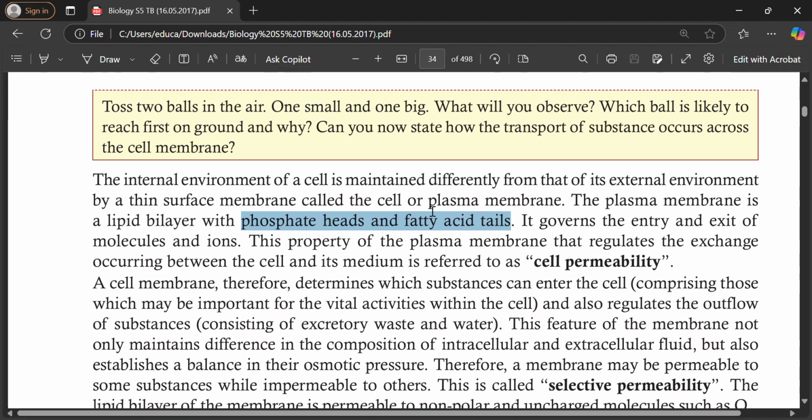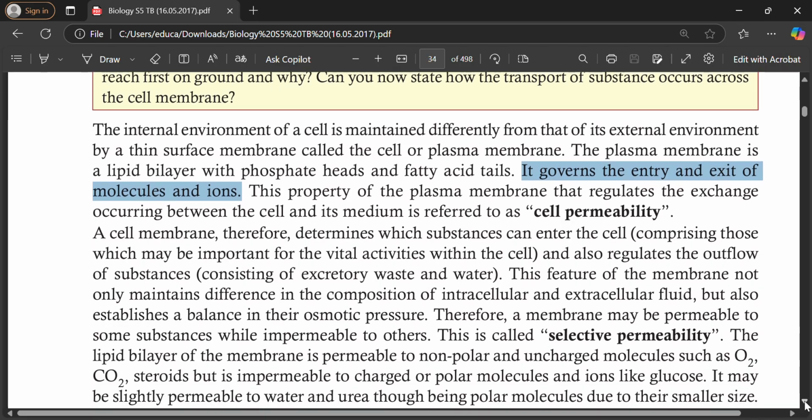What is the use of the plasma membrane? The plasma membrane governs the entry and exit of molecules and ions into or out of the cell. This property of a plasma membrane that regulates the exchange occurring between the cell and its medium is referred to as cell permeability.